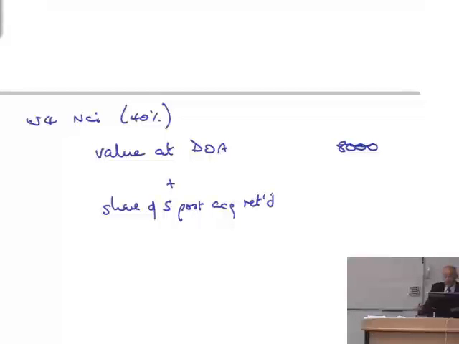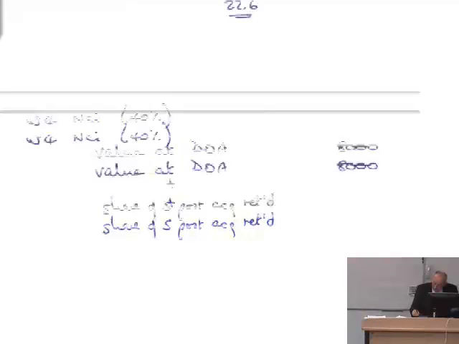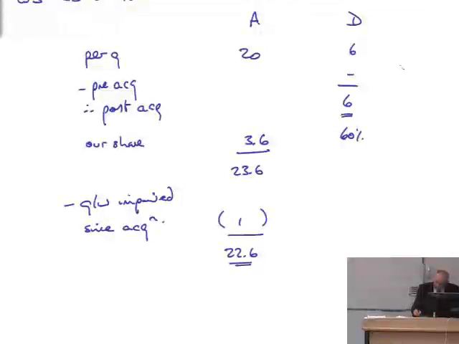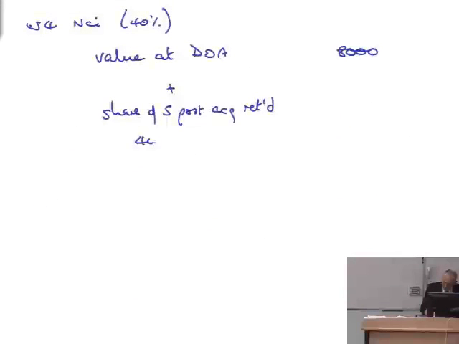And that's actually in working 3. You just pop up to working 3. There's S, post-ACC, retained, 6,000. They want 40% of 6,000. $2,400.